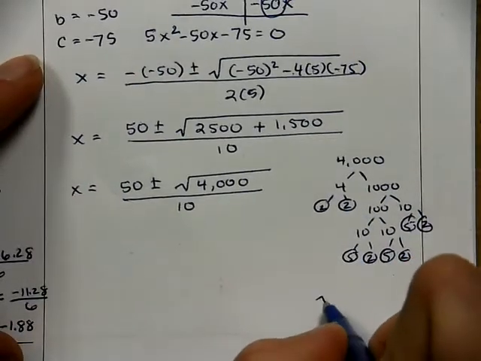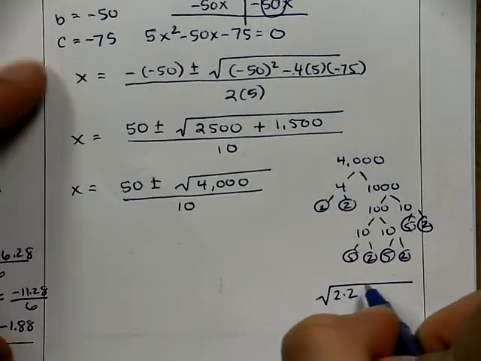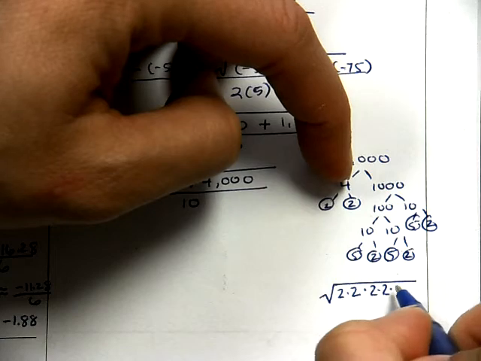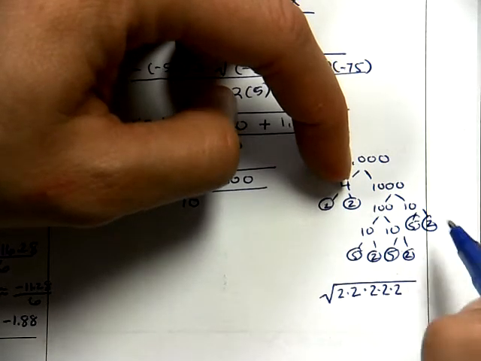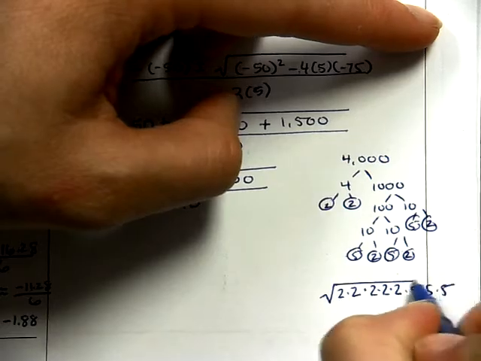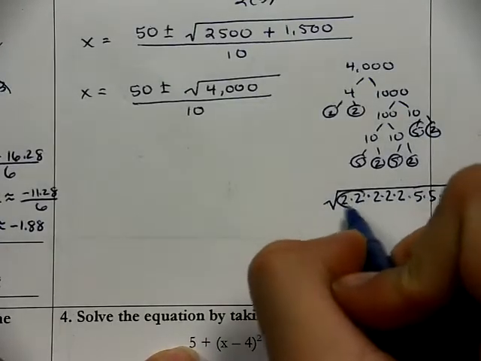Alright, so if I'm simplifying that, that's the square root of 2 times 2 times, we got 3 more 2's, 1, 2, 3. And then we got 1, 2, 3, 5's. We have to group these into perfect squares.